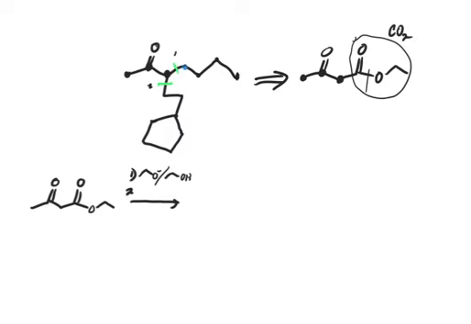Let me actually do that in blue. 3, 4 carbons. So 4 carbons come in, and I form that bond in this area right here. So I'm going to have that 4 carbon piece and just turn that into a bromide, or iodide or chloride or any one of the halogens. That'll do this.